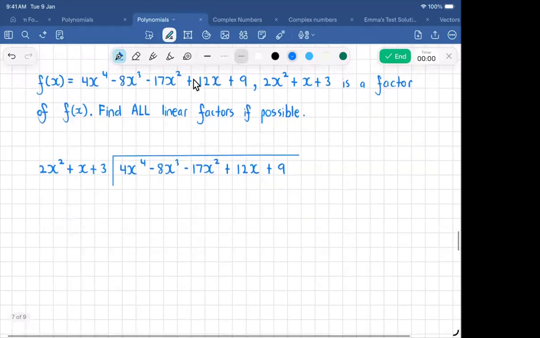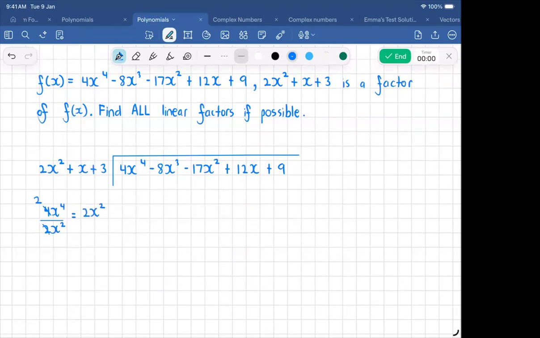Right, so Avinash, what's your first step? 2x squared into 4x to the power 4. So we're going to say 4x to the power 4 over 2x squared. The 2 and the 4 cancel, leaving 2, and x squared. So I'm going to put what? 2x squared.